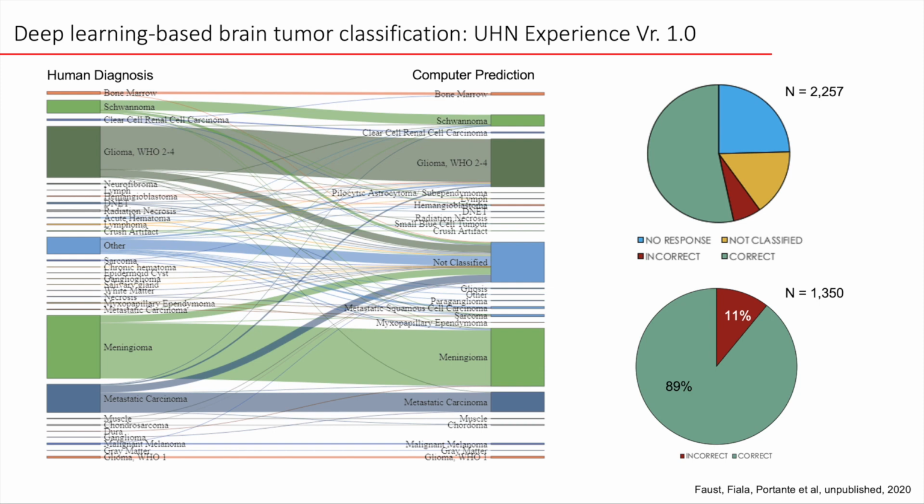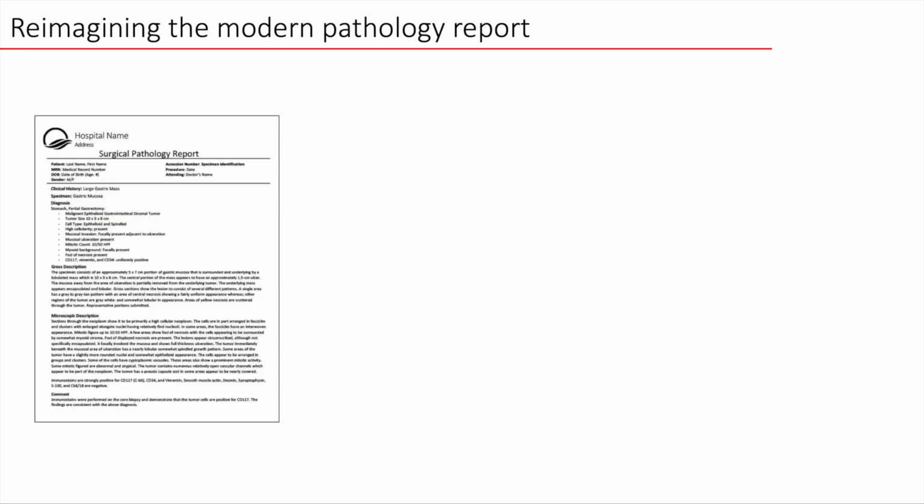So one of the things that we're doing is trying to incorporate molecular data into these classifiers to further reduce the errors. But given that there was no molecular information, there was no clinical information, I think this is a strong starting point towards implementing these tools in our clinical practice.